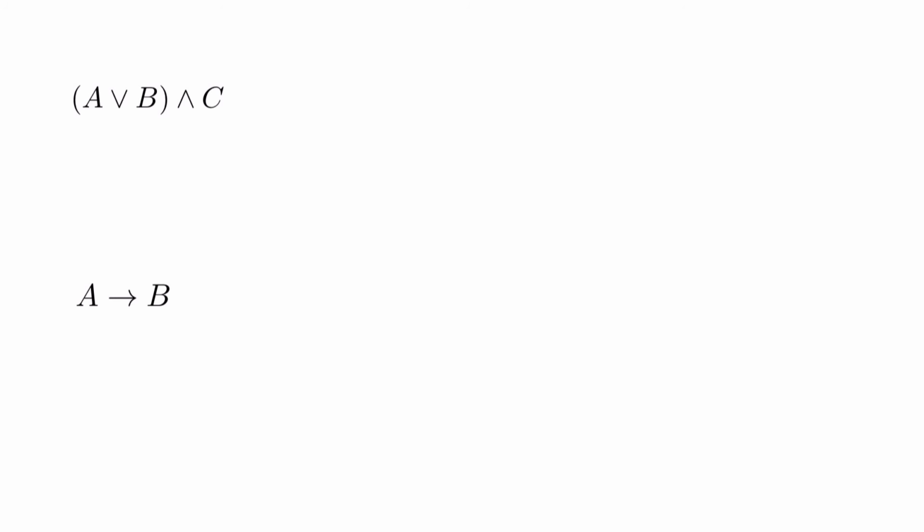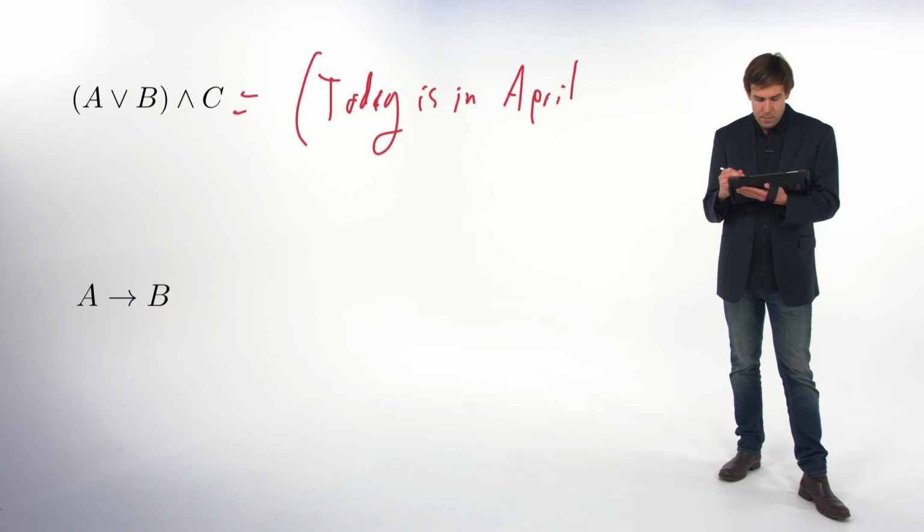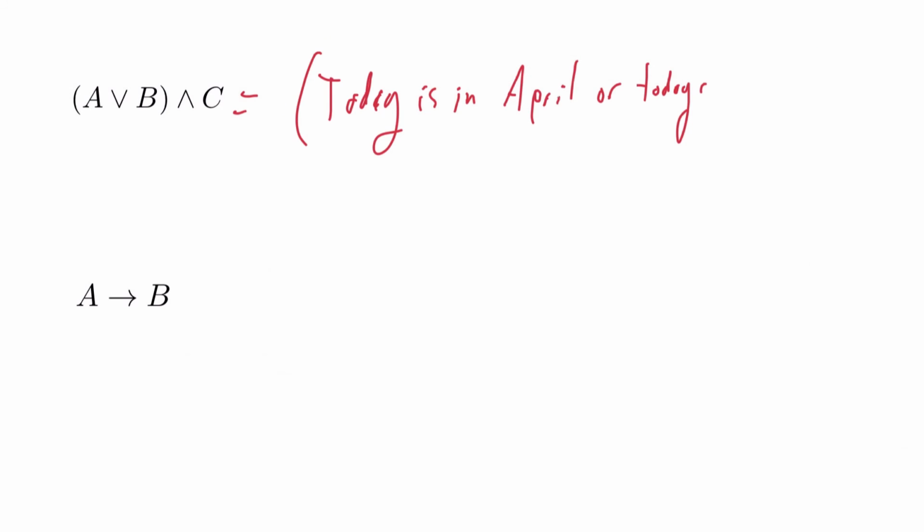Okay, so another example. This is saying today is in April, or today is Tuesday, and today is Wednesday.